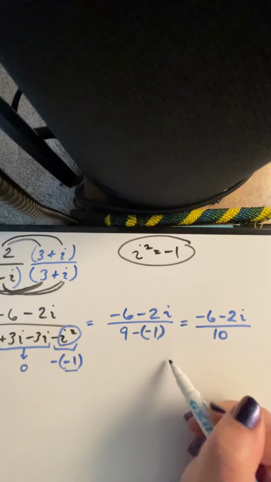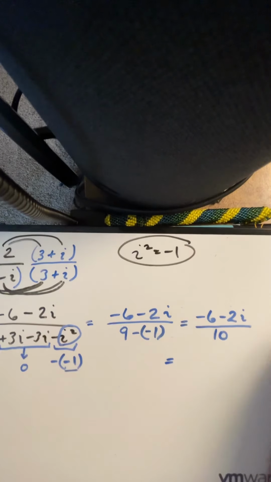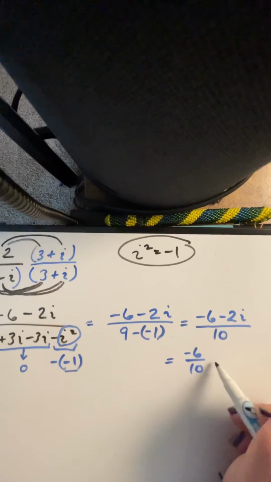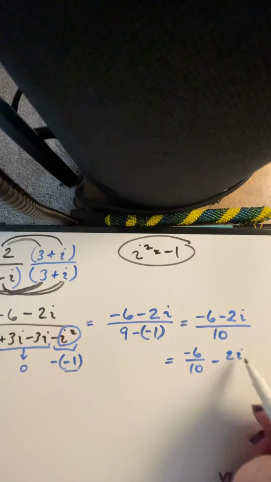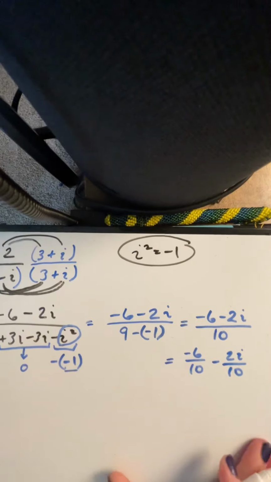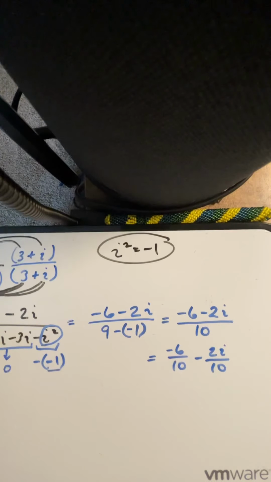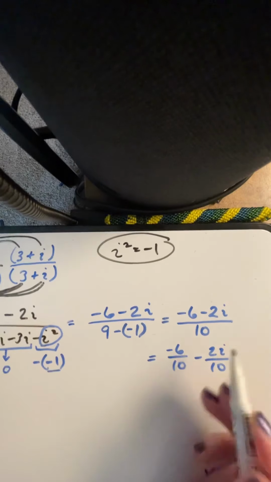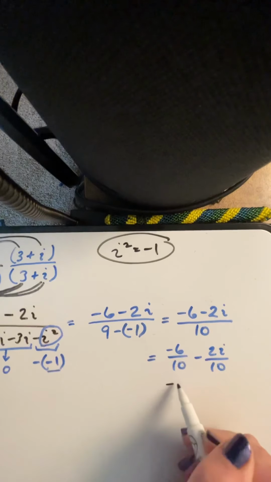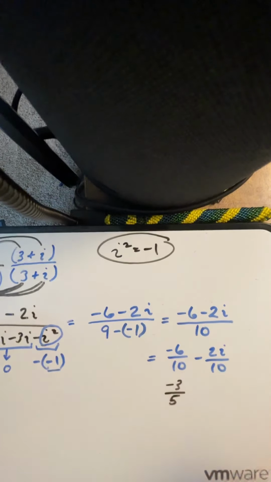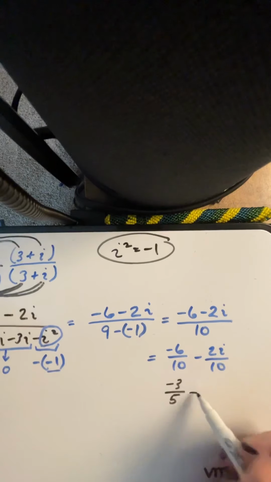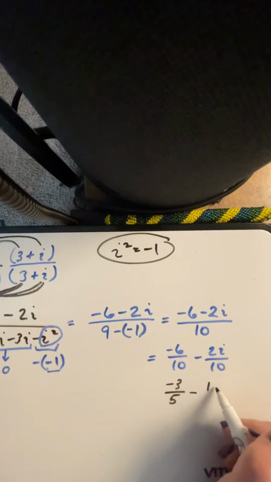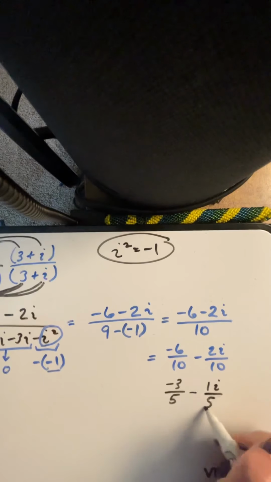What I can now do is split this up into the real part and the imaginary part by writing this as -6/10 minus 2i over 10. And then we can simplify each fraction. 6 and 10 are both divisible by 2, so that gives me -3/5. And then minus 2 and 10 are both divisible by 2, so that gives me 1i over 5.